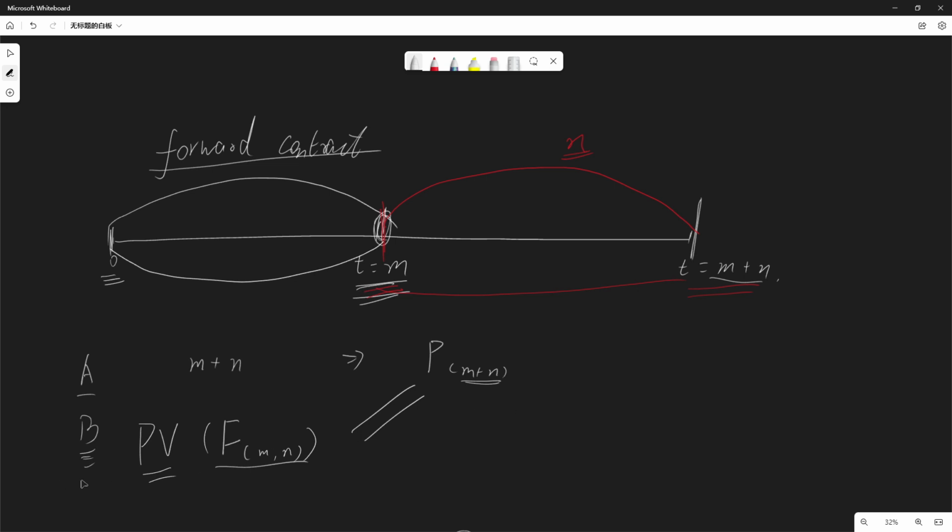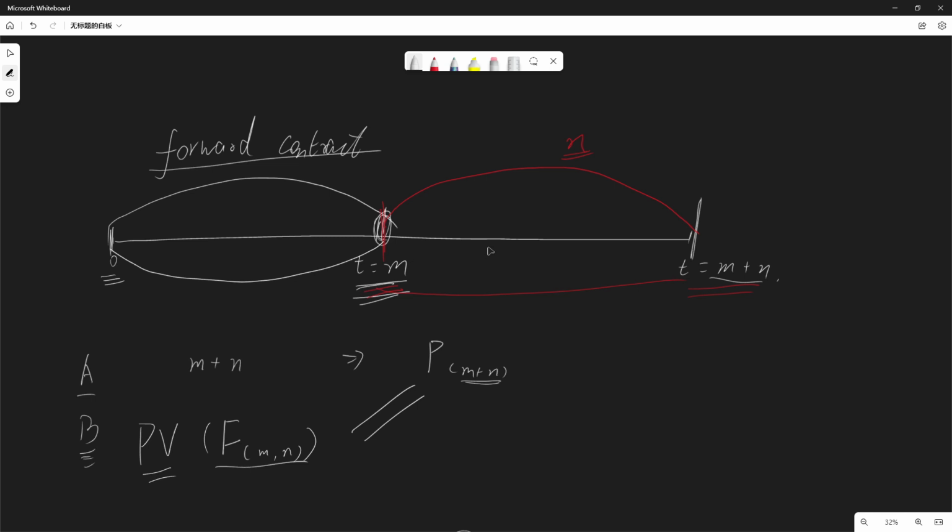Investor B, even though it's pretty complex, enters into a forward contract to buy a bond that will mature in n years. But the bond holding starts at time m, and during all this 0 to m period, they're just holding a forward contract. They're not actually buying that bond.